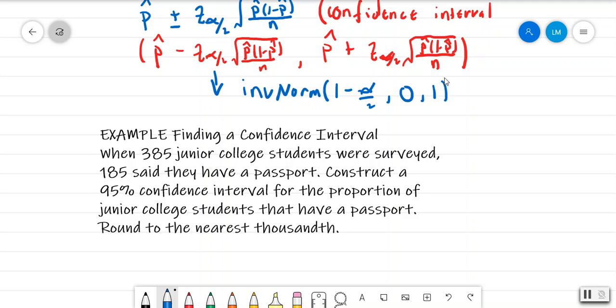So in this case this is going to give you z alpha divided by 2.